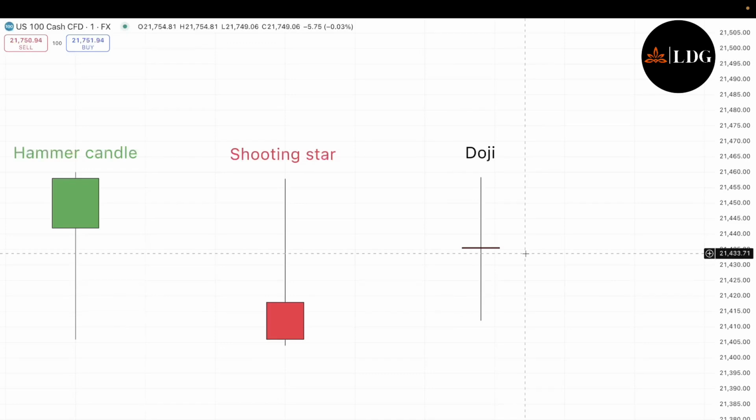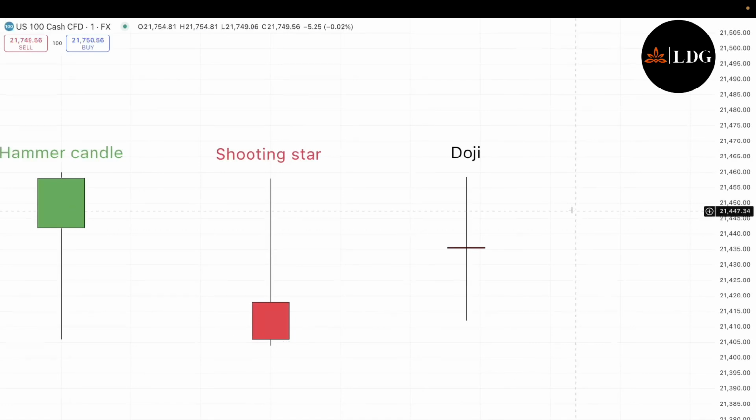Now, this can represent very indecisive movements in the market, and it's often a sign that the current trend you're in is going to start to reverse. So say you're in a very strong uptrend and then you see this doji, that could be a sign that a reversal is happening to a downtrend.